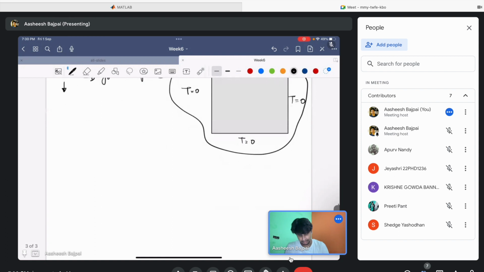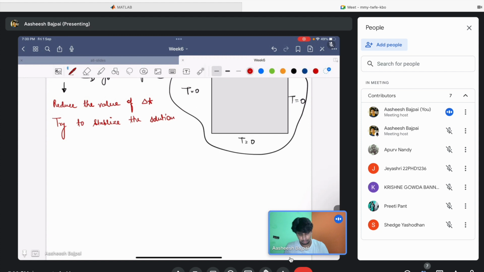So let me write it. Reduce the value of delta t and try to stabilize the solution.